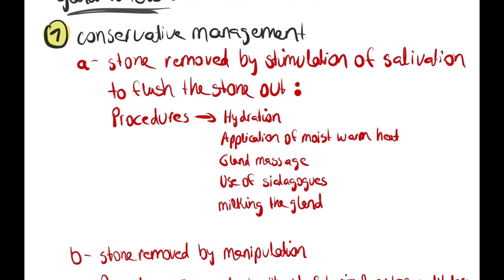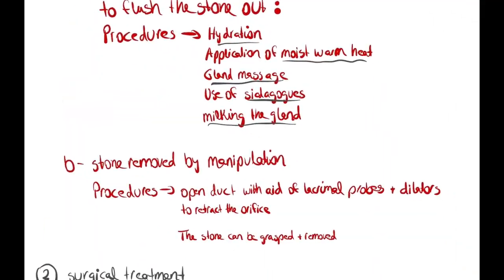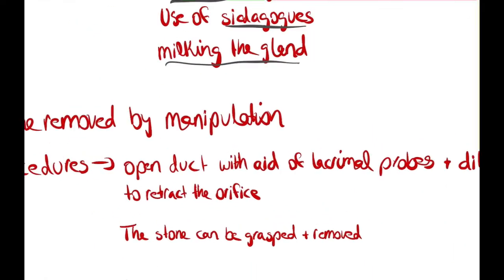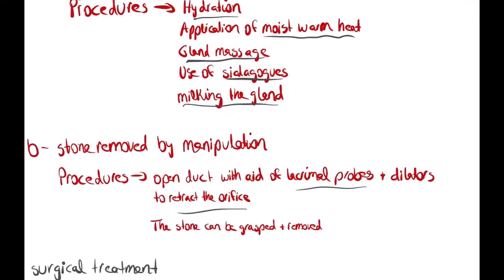The treatment is to remove the stone by stimulation of saliva, through hydration, through application of moist warm heat, gland massage, use of sialogogues or milking the gland, or by manipulation. You open the duct with the aid of lacrimal probes and dilators to retract the orifice. The stone can be grasped and removed.